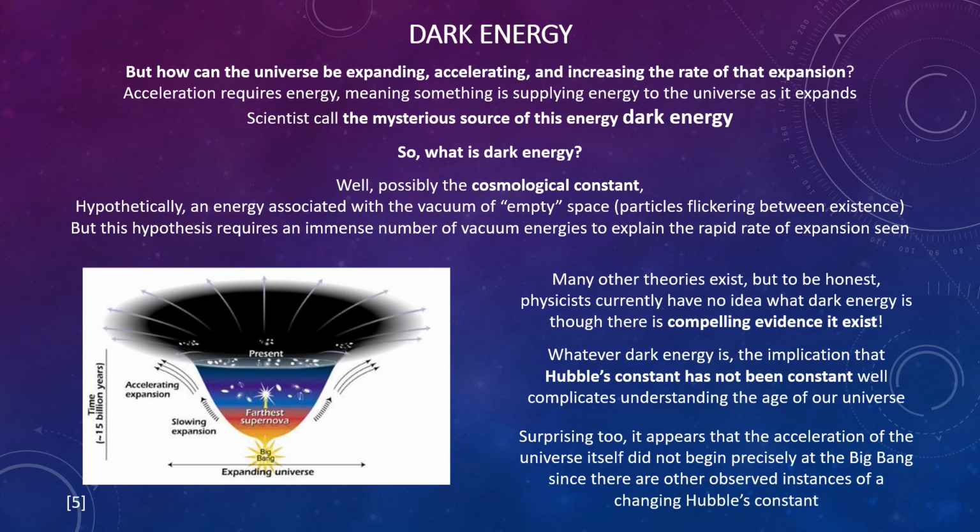Whatever it is, its implication is that the Hubble constant is not constant, and that complicates our understanding of the universe. Also surprising, it appears that the acceleration of the universe itself did not begin precisely at the Big Bang, since there are other observed instances of a changing Hubble constant.